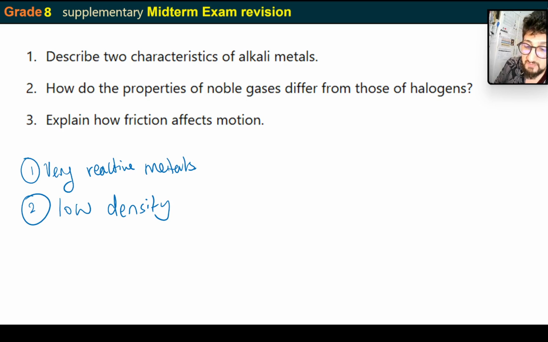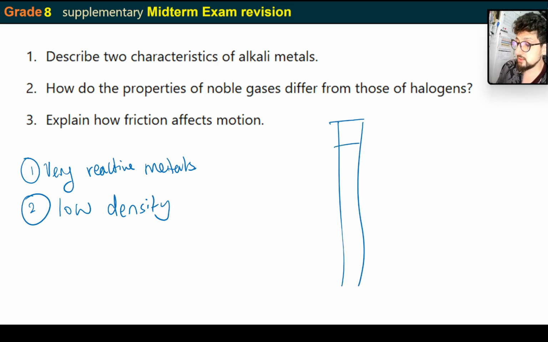They have one valence electron because they're in group 1. Anything in group 1, so starting with hydrogen, lithium, sodium, potassium, rubidium, cesium, francium. Did I miss one?